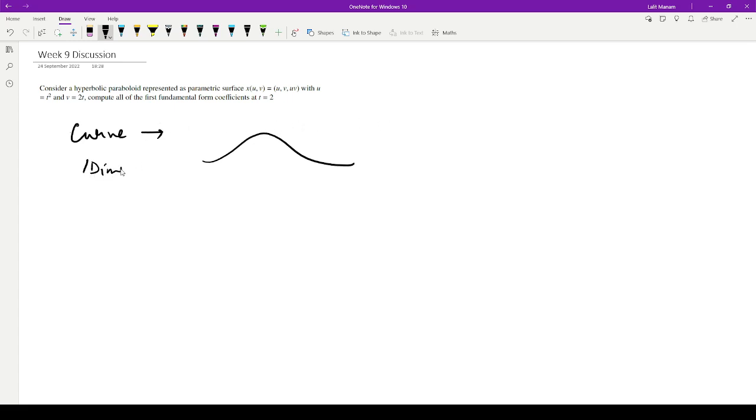Just see this figure. What can you say about this part? Maybe let's change the marker. What can you say about this part? Can you say that curvature is high or low?